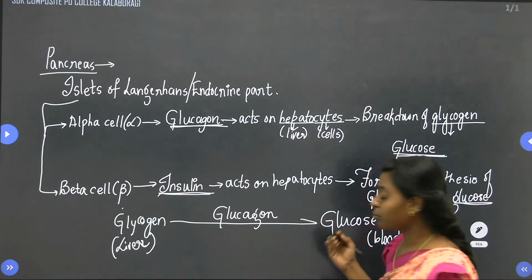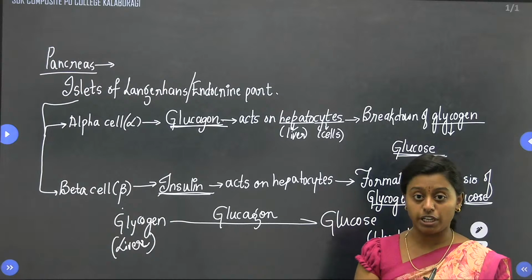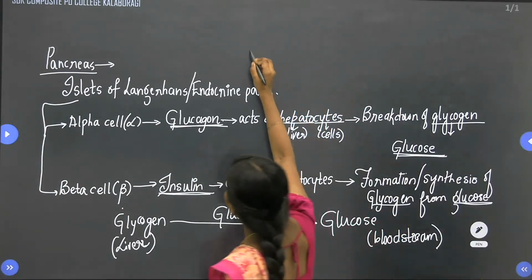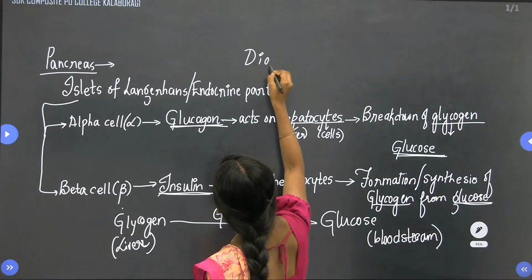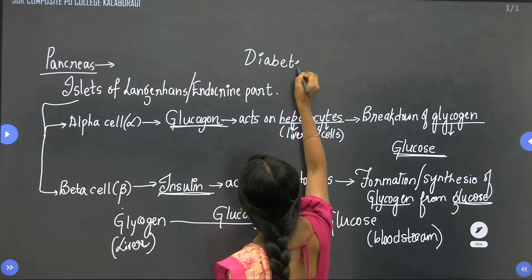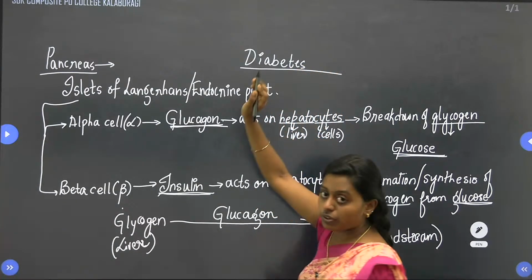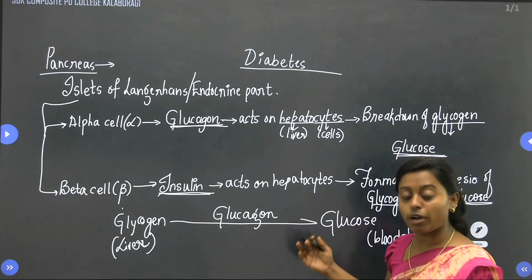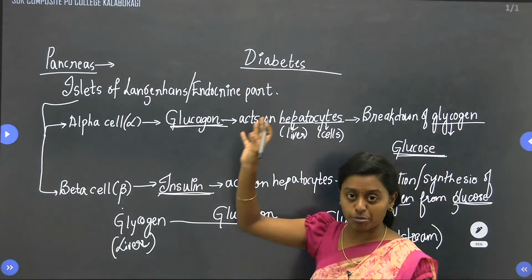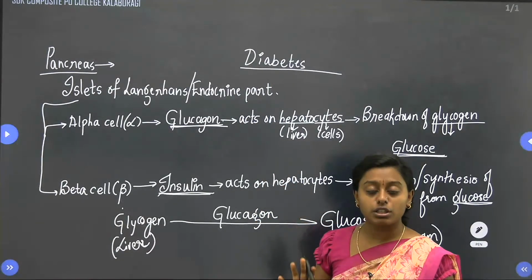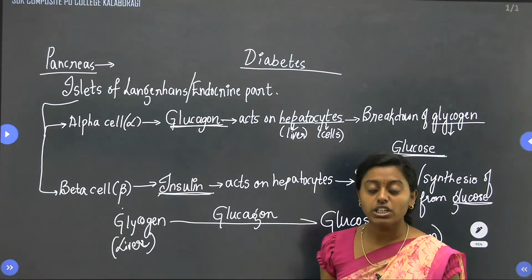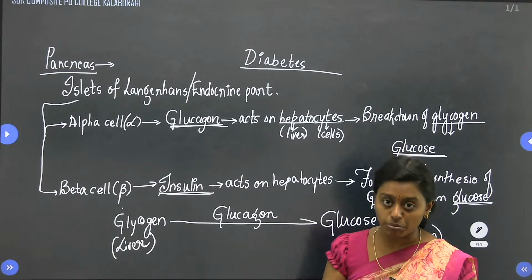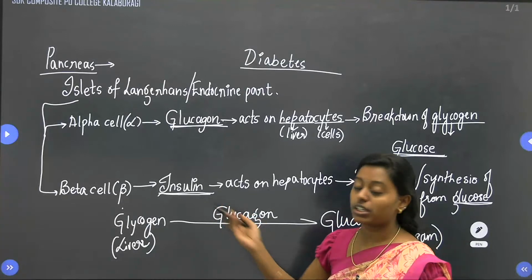But if there is a higher concentration of glucose in the bloodstream, that would lead to a disorder called diabetes. To prevent a high concentration of glucose within the bloodstream and the resulting disorder of diabetes, another hormone is produced which can decrease the amount of glucose within the bloodstream, and that hormone is insulin.